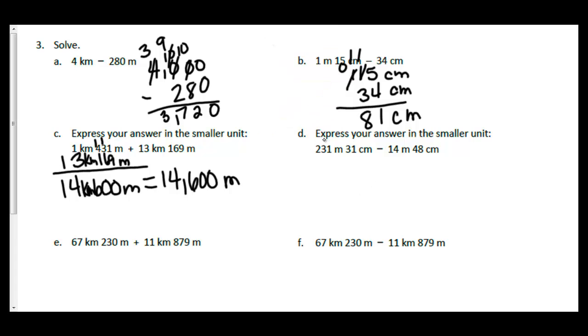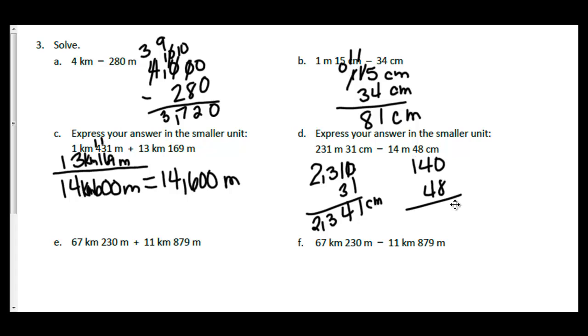So let's say 231 meters is going to be 2,031 meters plus 31 centimeters. That gives me 2,341 centimeters. And then over here I've got 140 meters plus 48 centimeters, 188 centimeters.